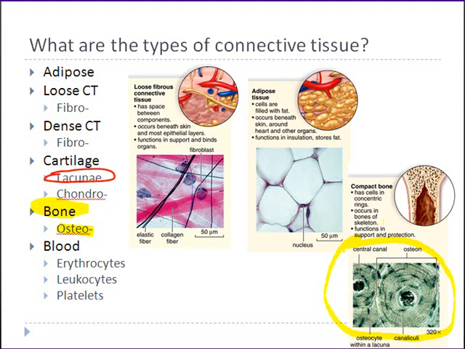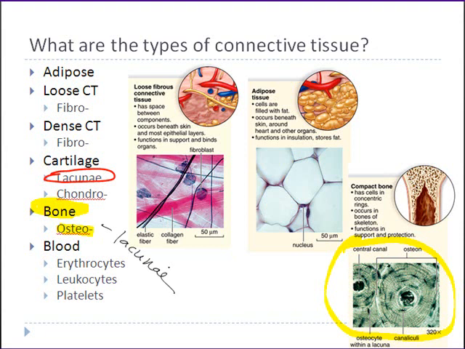The main difference with bone tissue is that the matrix the cells secrete is a very tough and hard matrix made of calcium and phosphate salts. And just as with cartilage, cells in bone tissue do indeed secrete a matrix and then become trapped in it, so they too have lacunae, in which the cells are housed.